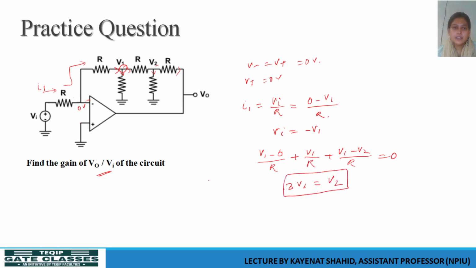Another relation is if we apply node voltage at V2, what will happen? We can write V2 minus V1 by R plus V2 by R plus V2 minus VO by R equal to 0.